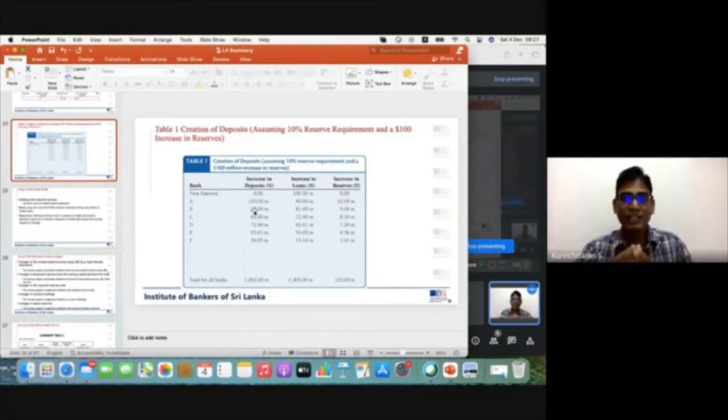When the central bank reduces the reserve requirement, your deposit creation ability will increase. This is the explanation. But for calculation, you can always take the initial amount and divide by the reserve requirement. The answer will match the explanation.